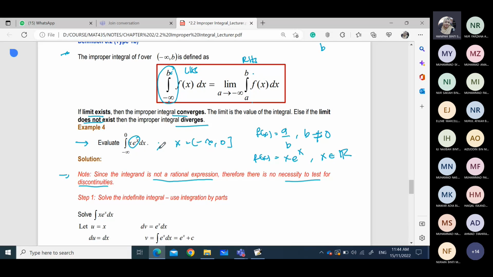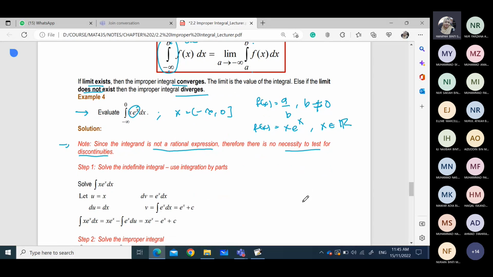If we take 0, then 0 times e to the power 0, we have 0, so 0 is a value. If you get 0, it is defined. Faham ya? If you plug into your calculator and get a math error, that means the function is undefined. For this case, we do not need to check the discontinuity.